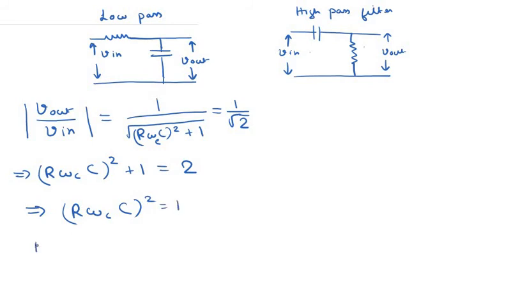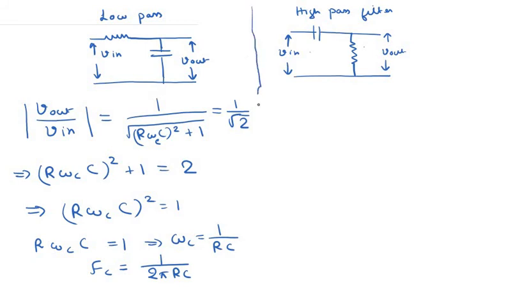So r omega c is equal to 1, which implies that omega c is 1 by rc. This is the angular frequency. If we write in terms of real frequency, it becomes fc equals 1 by 2 pi rc. So this is for the low pass filter.